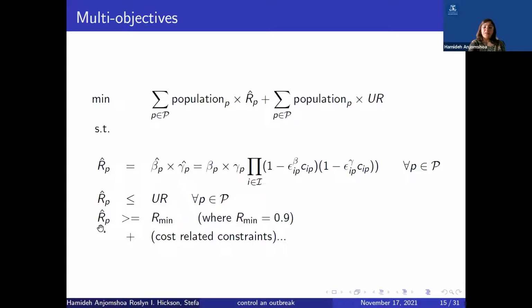And the other constraint we considered was that RP hat should be greater than R min. Look, in infectious disease, they believe it's really good to have the R0 RP be less than 1. They believe if it's less than 1, the outbreak is going to be controlled. So that's why we put in a limit as well.